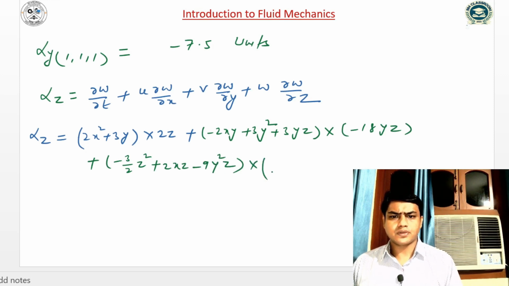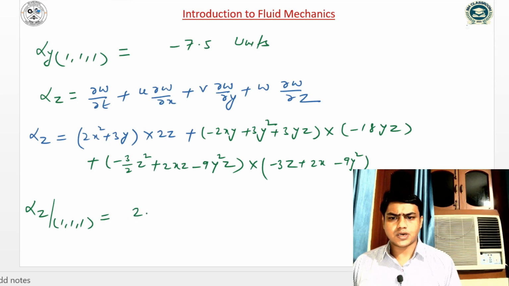So it will be minus 3z plus twice x minus 9y square. If I compute the value of alpha z at point 1, 1, 1, it will be 2 plus 3 plus 5 into 2, 10, so it is coming 23 units.